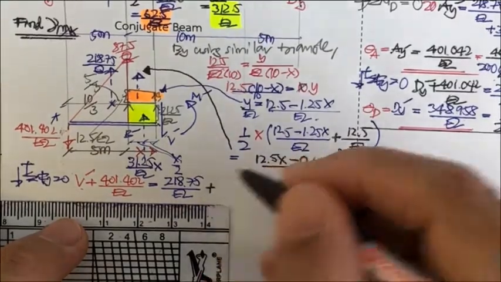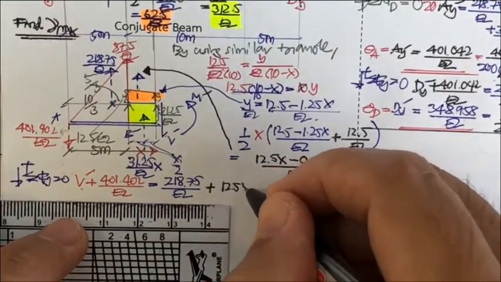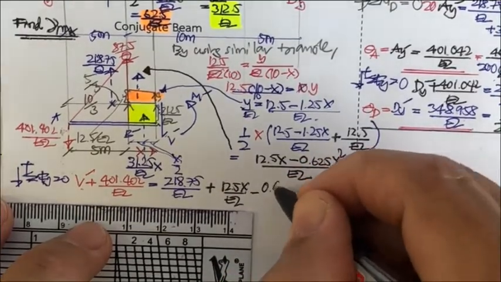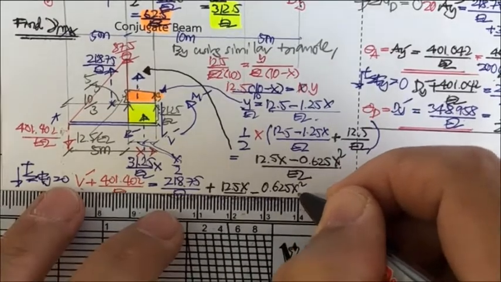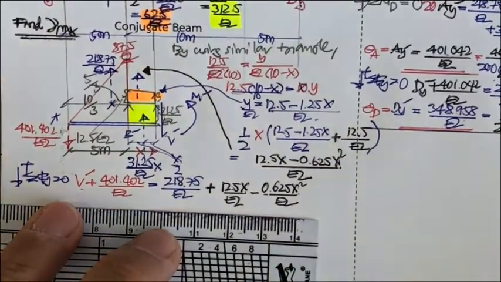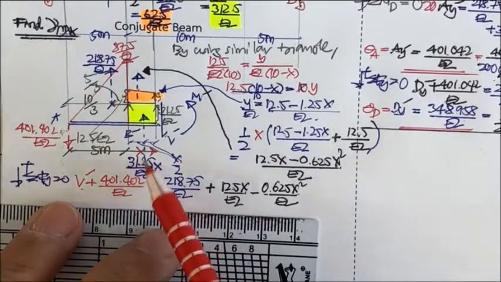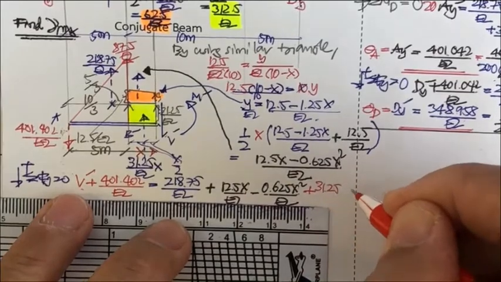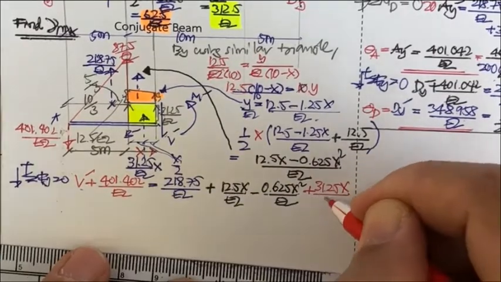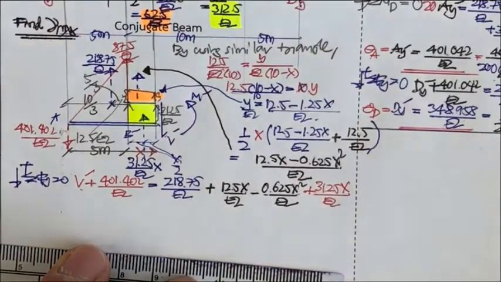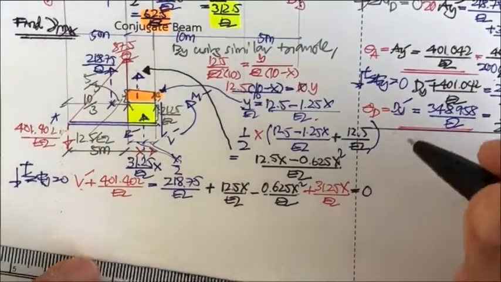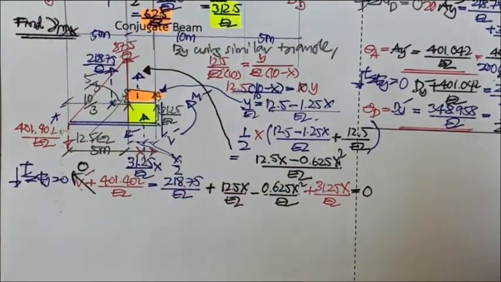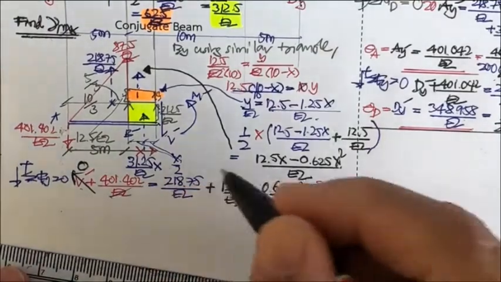This is going to be plus 12.5x divided by EI minus 0.625x squared divided by EI. And the last one here, you're going to plus 31.25x over EI. And then this all going to be equal to 0, in which this one must also be 0. And then you rearrange this. You may cancel this.